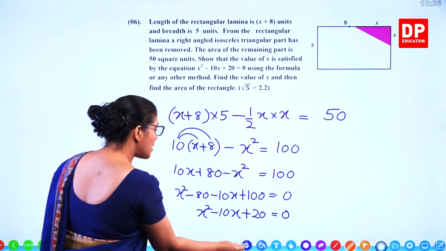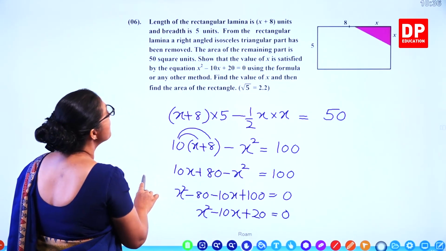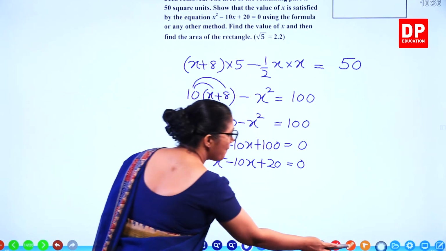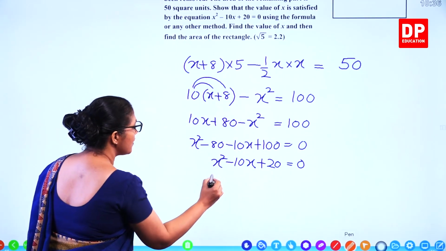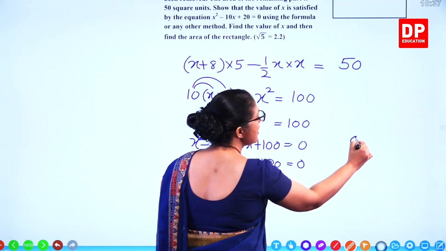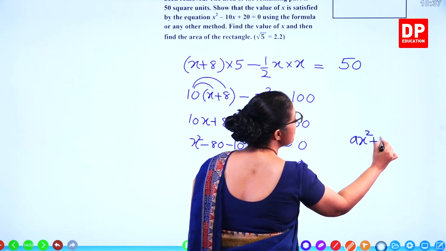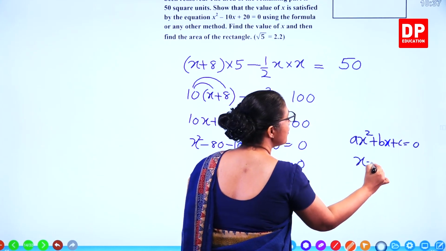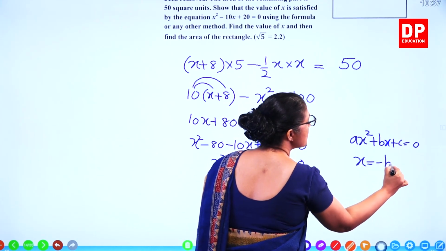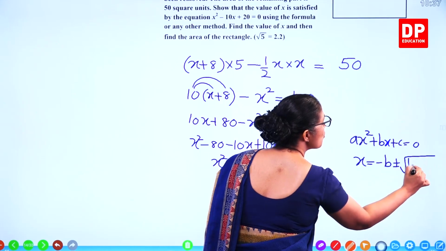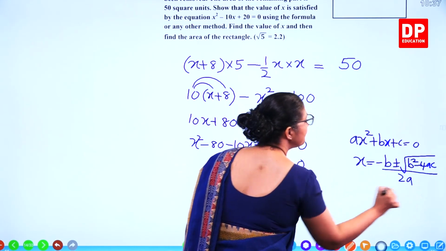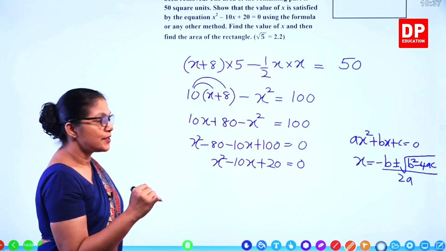Now they say using the formula, solve the equation. So what's the formula? Can you remember? If it's quadratic equation ax squared plus bx plus c is 0, you can use the quadratic formula. Minus b plus or minus root of b squared minus 4ac over 2a. Now substitute the values.